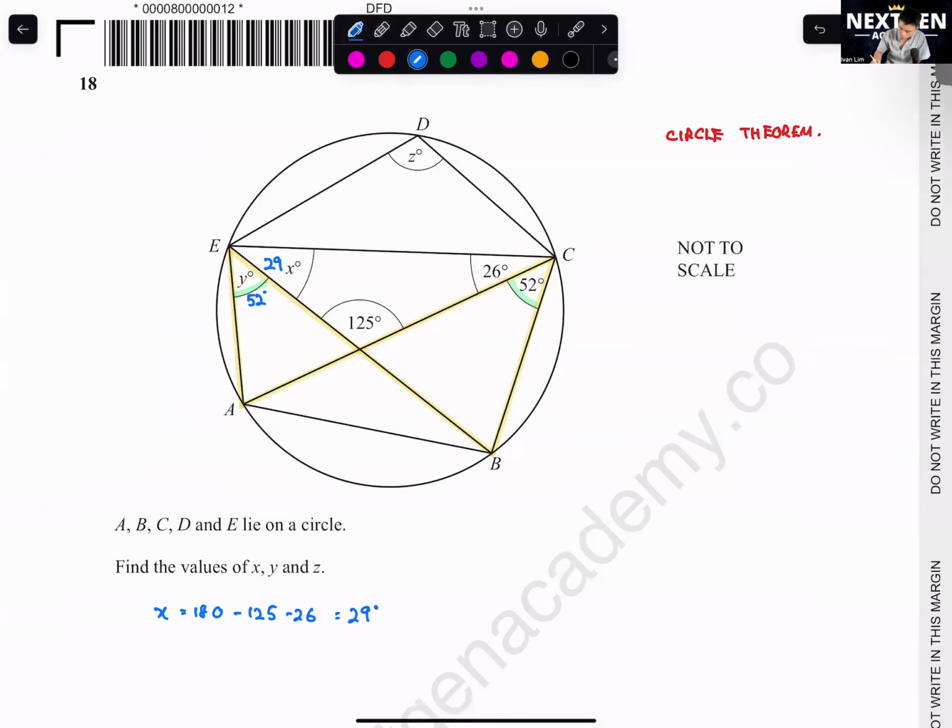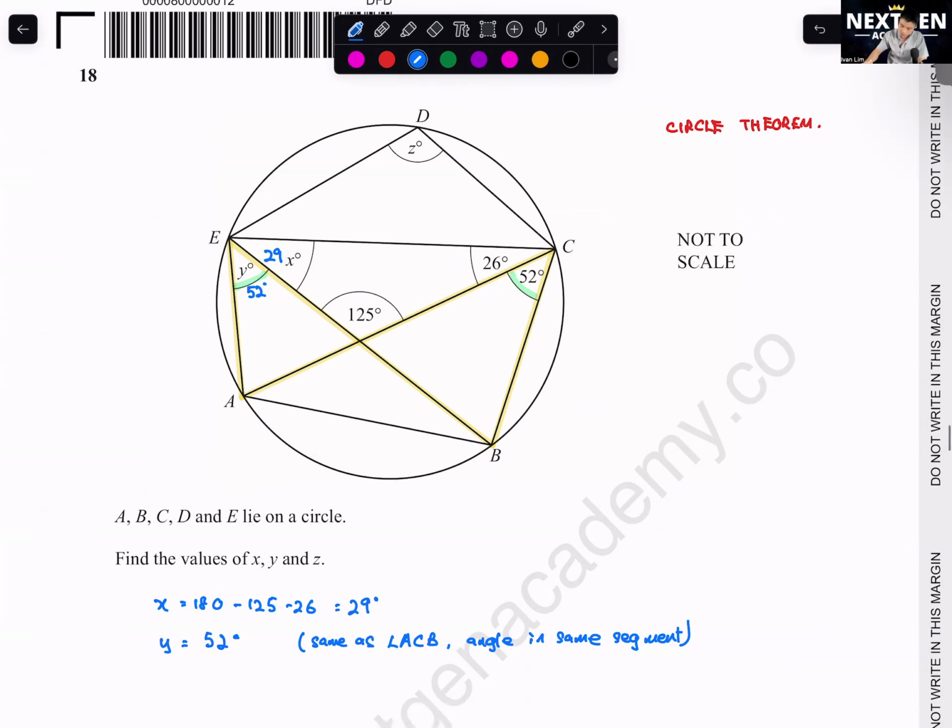So Y also equals 52 degrees, same as angle ACB, angle in same segment. As you practice this, you want to practice writing down the reason also, even though they are not asking us to write it here, because there are certain questions in the exam that will ask you to write down the geometrical reasons.